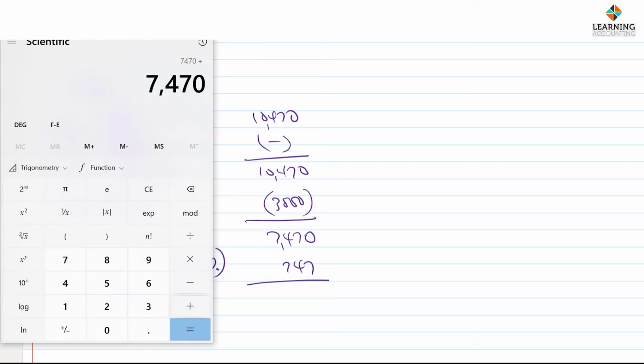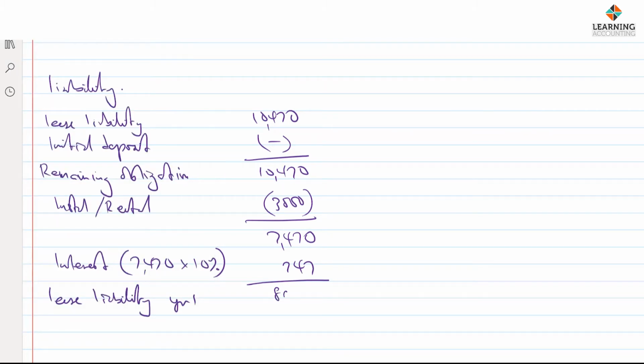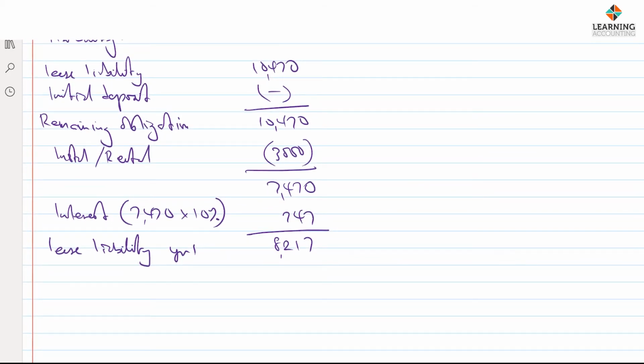7470 plus 747, and that gives us 8217. Now in this case, your total lease obligation is this figure here, but your installment for the subsequent period, which is for year 2 now, or rentals, is actually your short-term lease obligation, and that figure is 3,000.